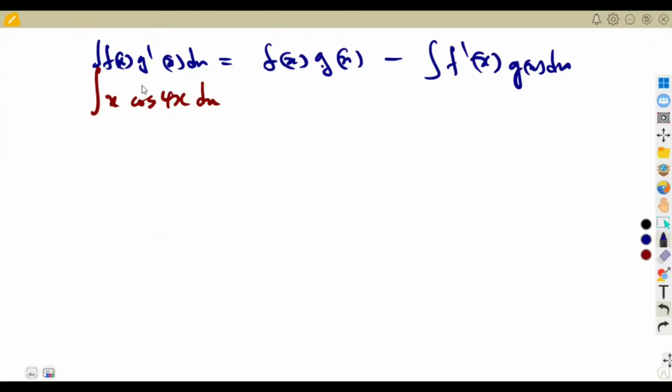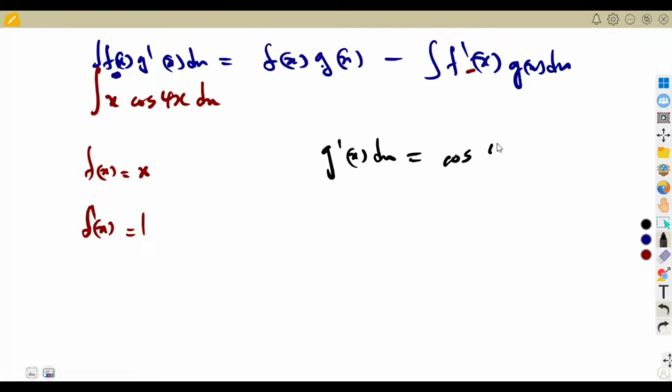So we need f(x) that we are going to use to determine the first derivative. If we let f(x) be x, that means the first derivative will be 1. Then g'(x) will be the remaining part, cos 4x. Find the integral so that we've got our g(x).